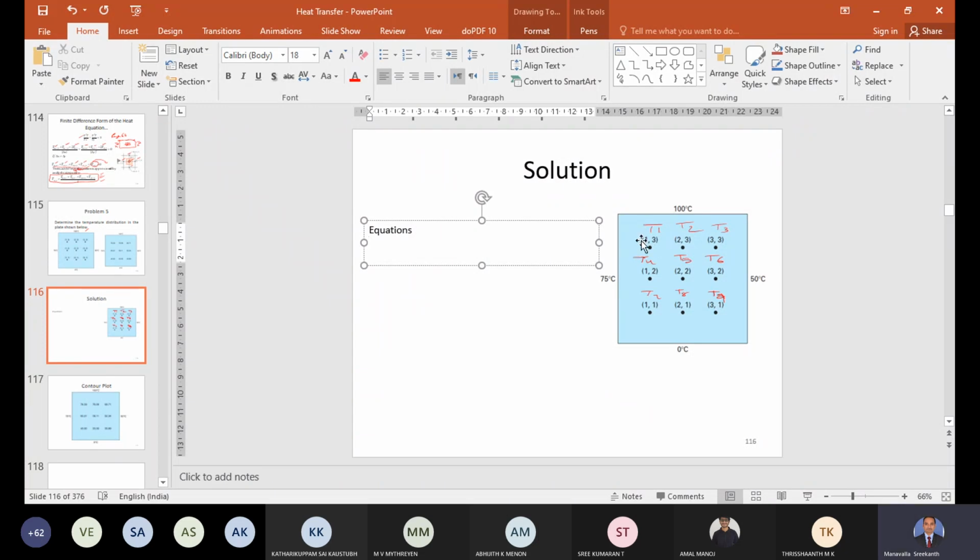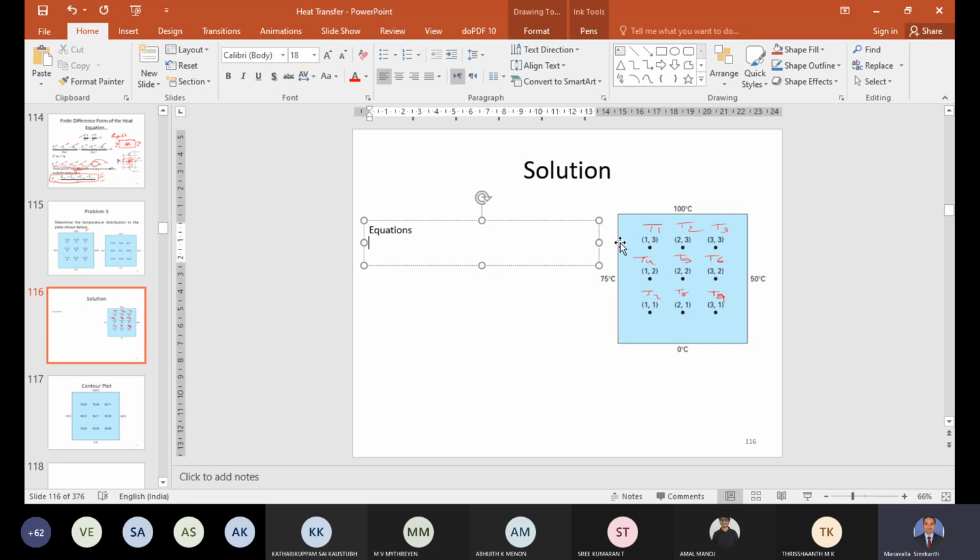Now you see here T1. From the formulation that we have seen, this is an interior node. A boundary node will be somewhere on the boundary. But for the boundary, fortunately in this problem, the temperature is given, so we don't have to determine it. For the interior node, the temperature T1 is basically the average of the 4 surrounding temperatures. What are the 4 surrounding temperatures?